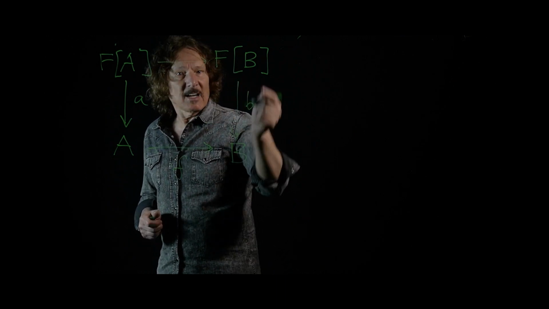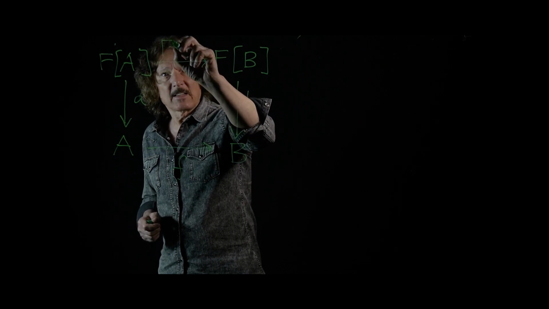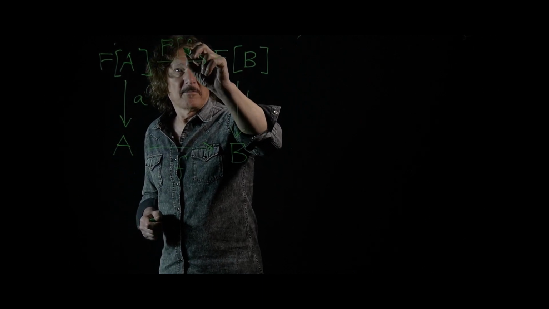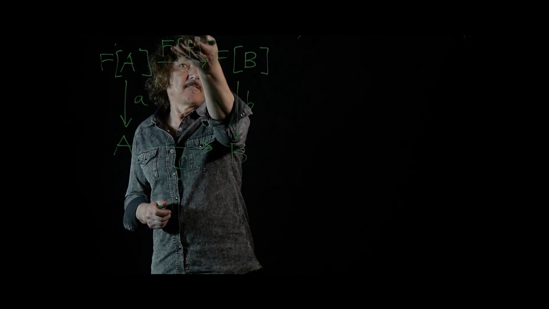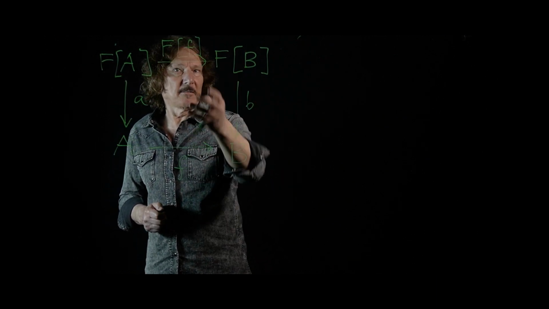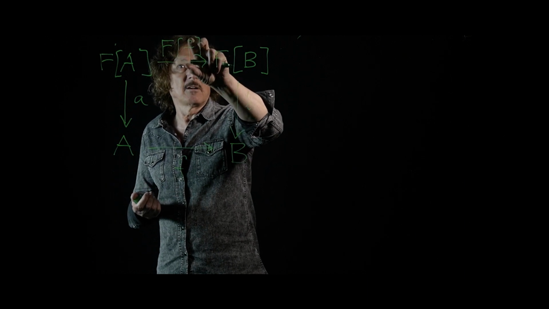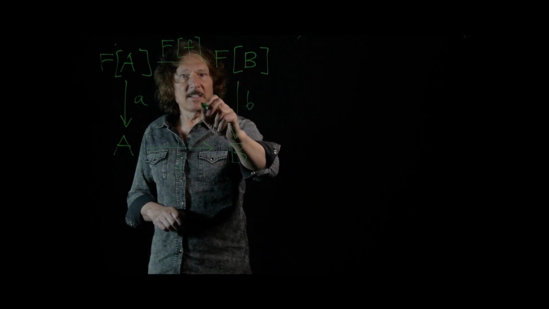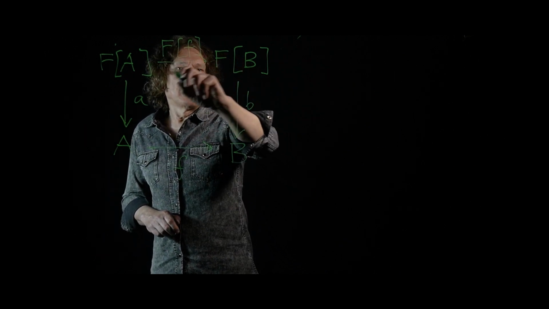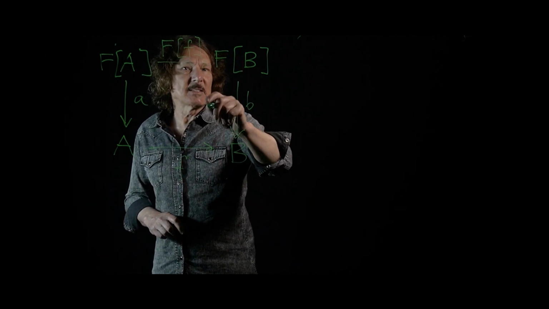In category theory, we just write it as F acting on f. This is the lifting of f by a functor F. This is really what we call map in Scala. And if this diagram commutes, what does it mean that it commutes?